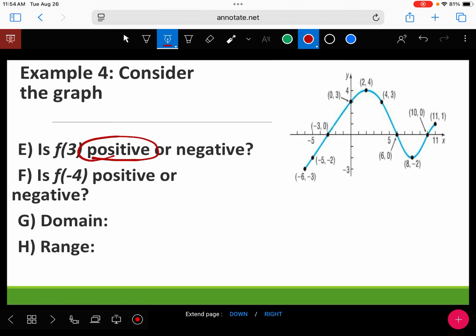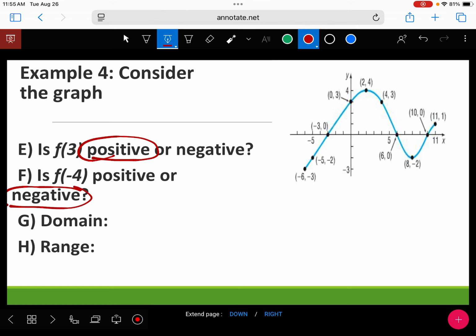I would say it's positive. And again, we don't care what that number is. We just know that it's a positive number. When we look at question F, when X is -4, which would be about here, what is Y? Positive or negative? Negative. That's it.